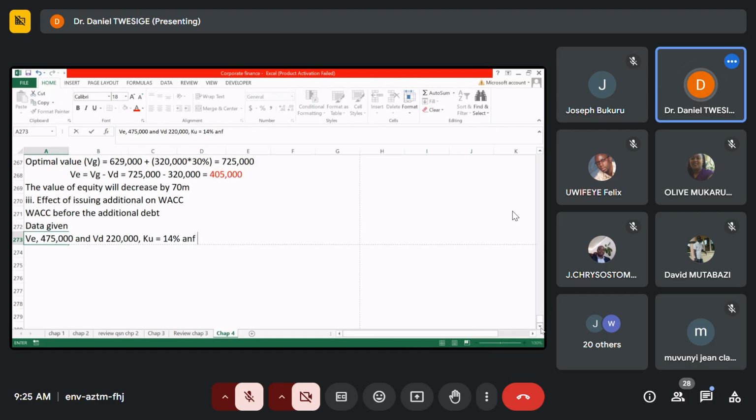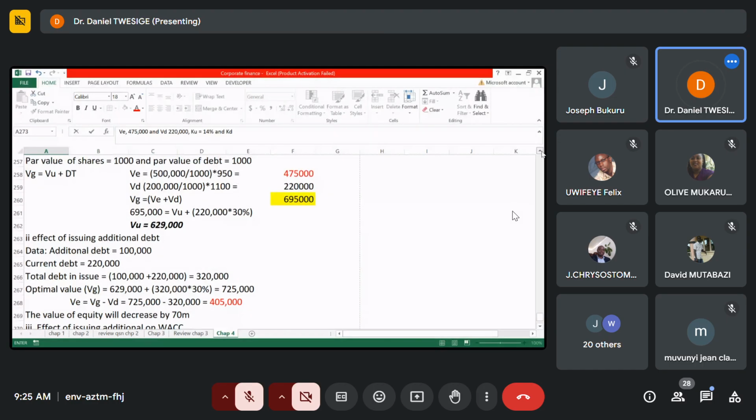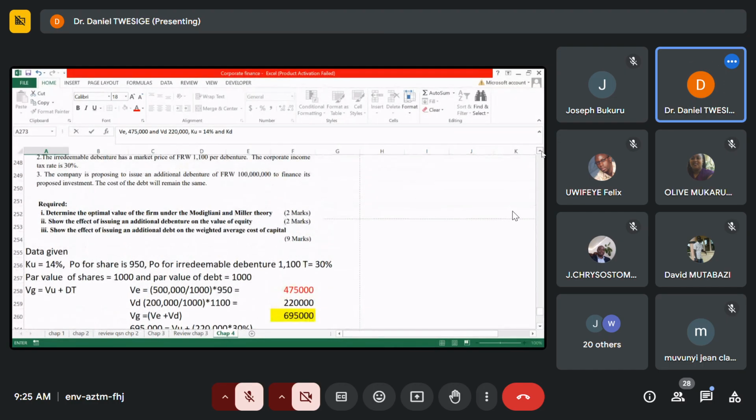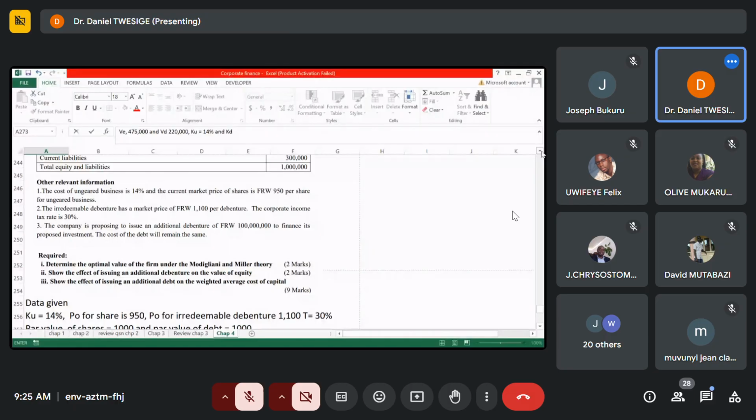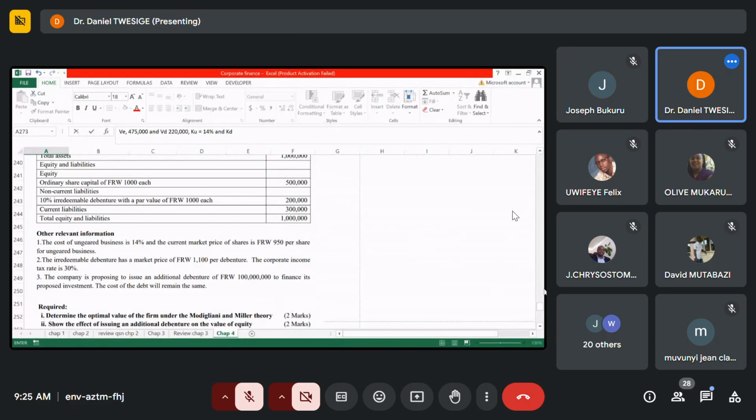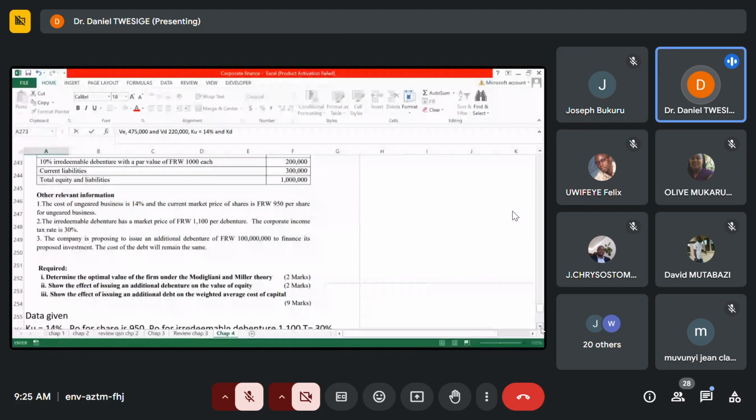And we have our KD. What did they say? We have the interest on redeemable debt, which is 10%.